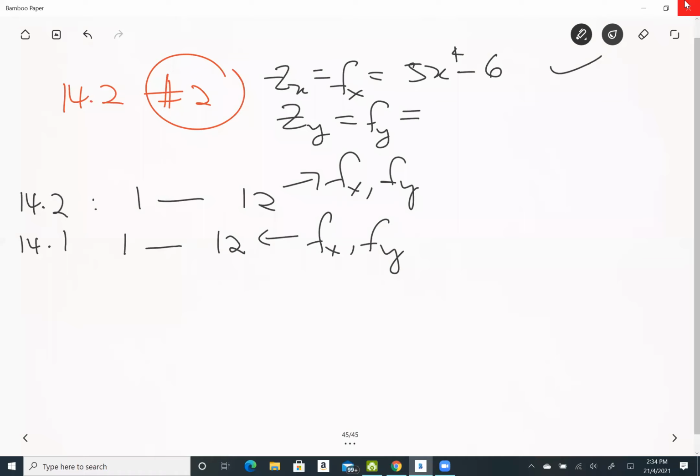And then the second term, negative 6x, 0 also. Then the third term, 4y to the power of 4, that one is a variable, so that will be 16y to the power of 3. And then the last term, minus 2y. Is that clear? Or do you want another example?